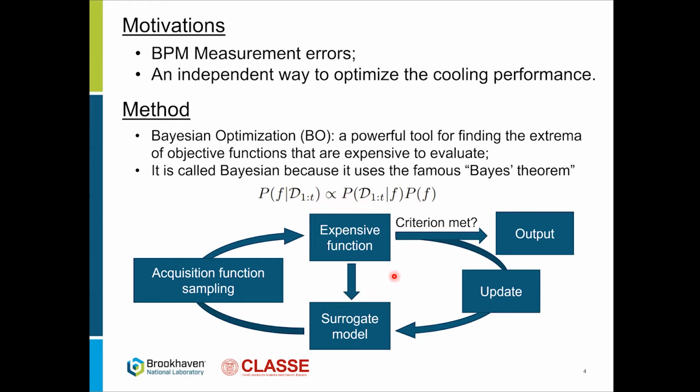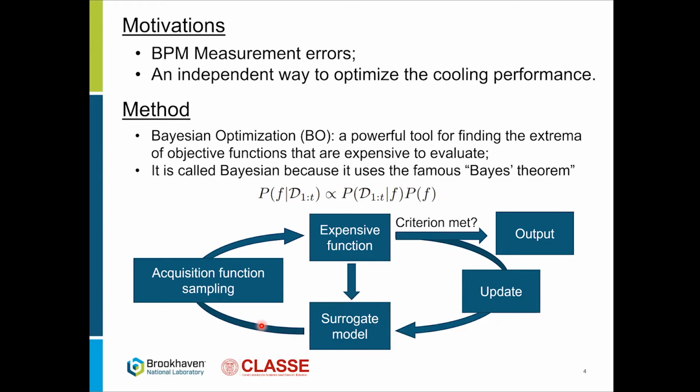You will use this formula to update the model in the Bayesian optimization. The whole process goes as the following. You have this expensive function that you want to optimize. It's very hard to sample from it, very expensive. So you want to minimize the number of steps that you do the sampling. What you do is first use a surrogate model to approximate that function. Gaussian process is usually a popular model.